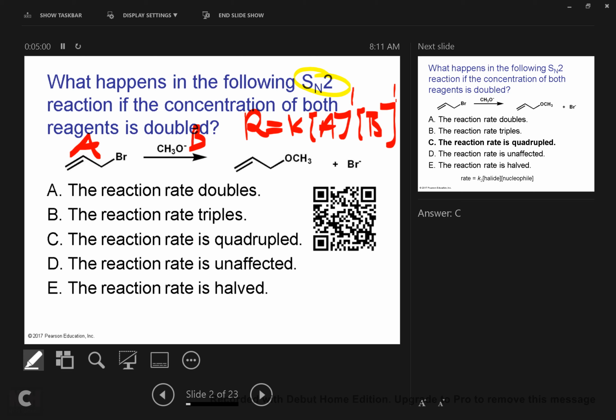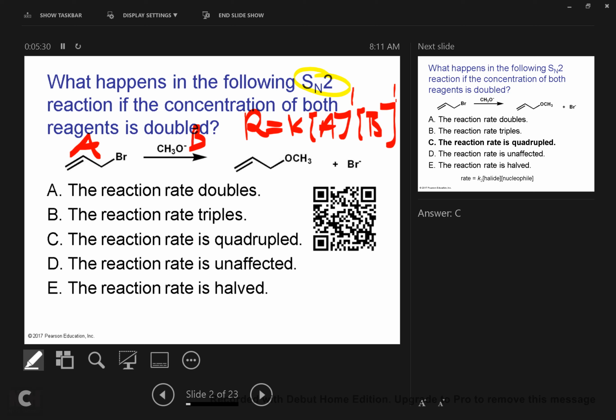For a second order reaction, if you double the reactant, the reaction quadruples. It increases by fourfold. Does that make sense? For a first order reaction, if you double the reactant, the reaction doubles. For a second order, if you double, it quadruples. For a third order, if you double, what happens?